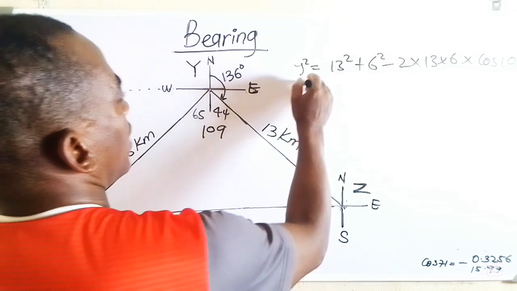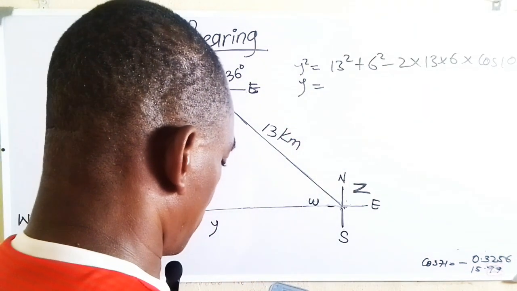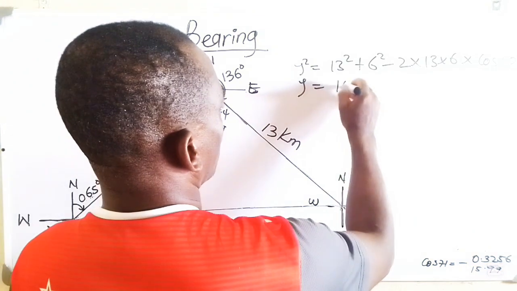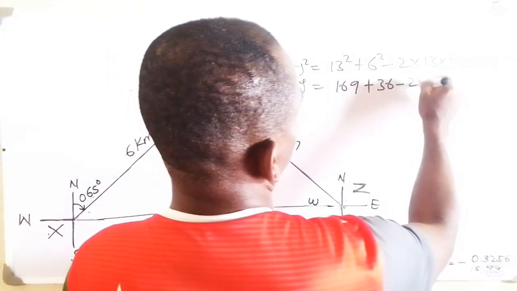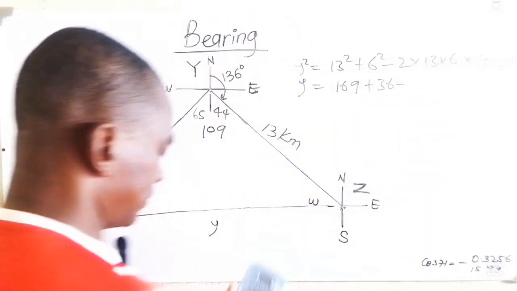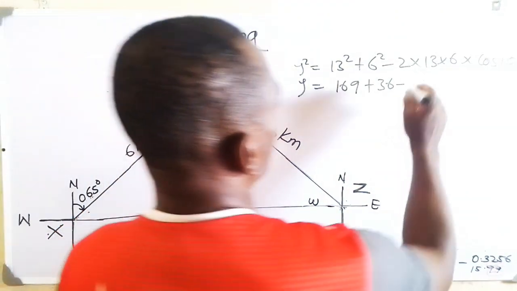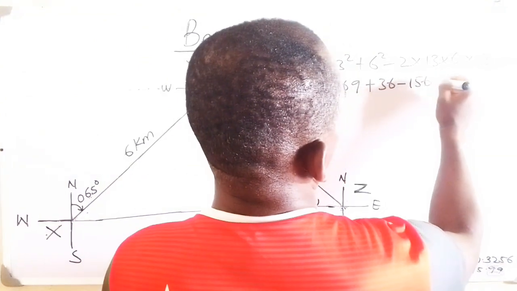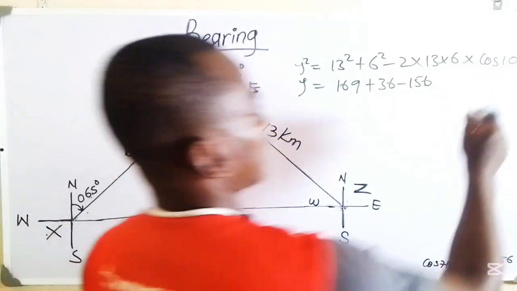So y squared equals 13 squared, which gives you 169, plus 36, minus 2 times 13 times 6, which gives you 156, then cos 109.